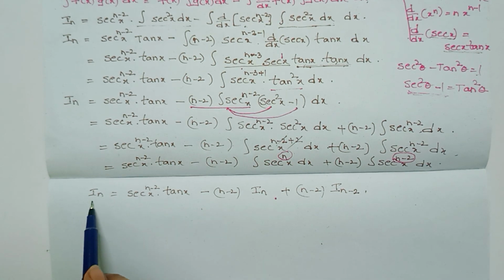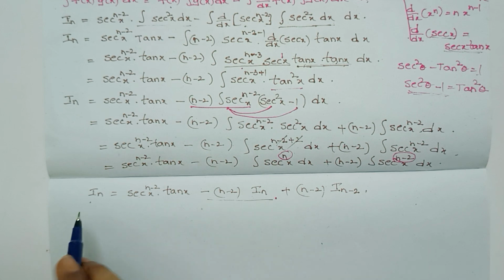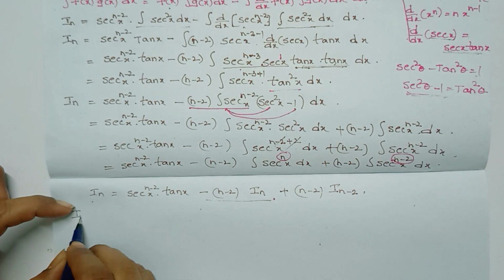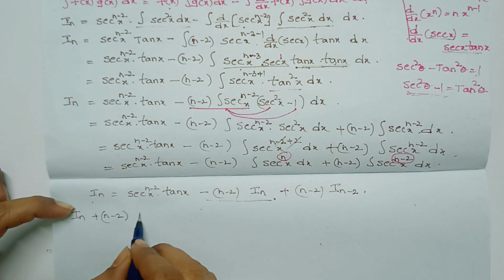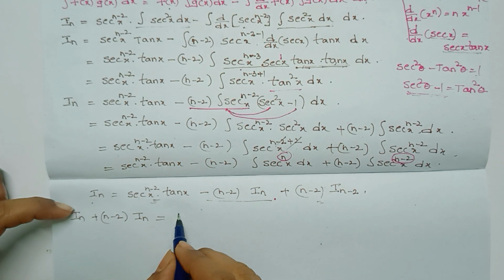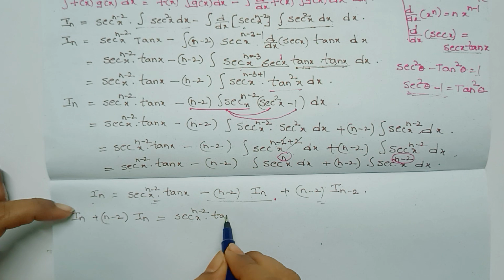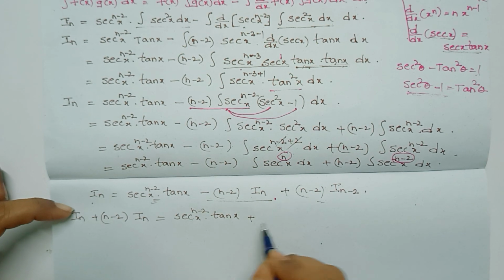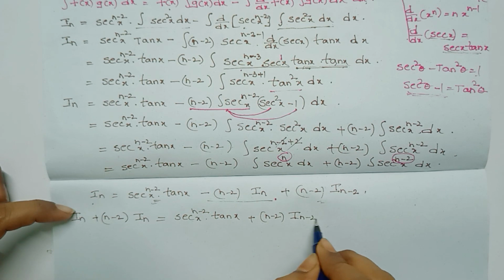Okay, already in the left hand side we have In, this minus n minus 2 In is transferred to that side, becomes plus n minus 2 into In is equal to, in this side remaining this and this, take it directly, secant power n minus 2x into tan x plus n minus 2 into In minus 2.